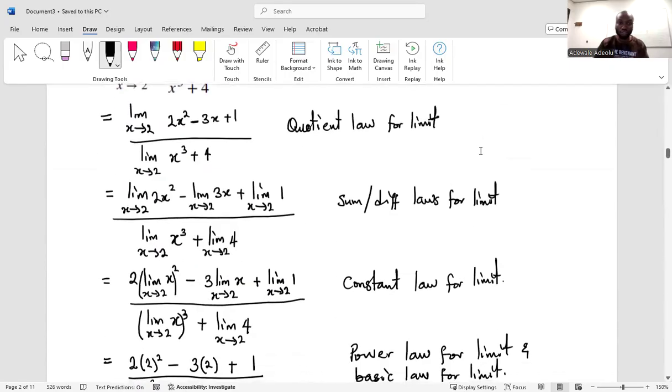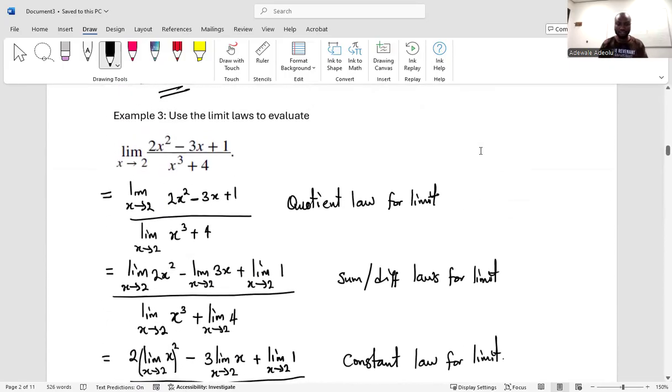Yes, that is actually what we are doing. Here we are just throwing in 2: 2 times 2 raised to power 2 minus 3 times 2 plus 1 divided by 2 raised to power 3 plus 4. That is what we are trying to do.